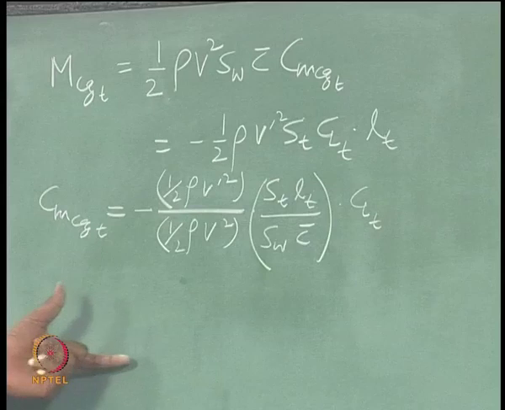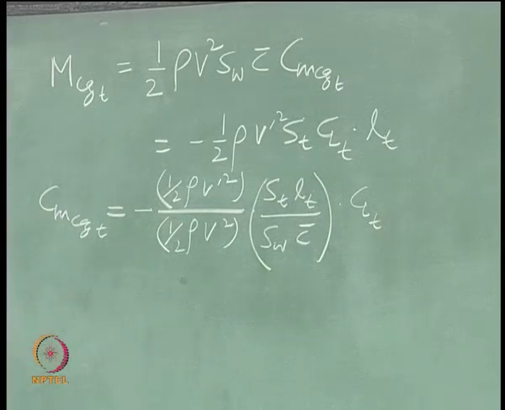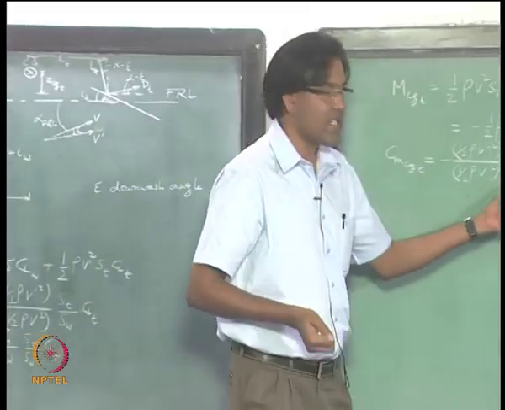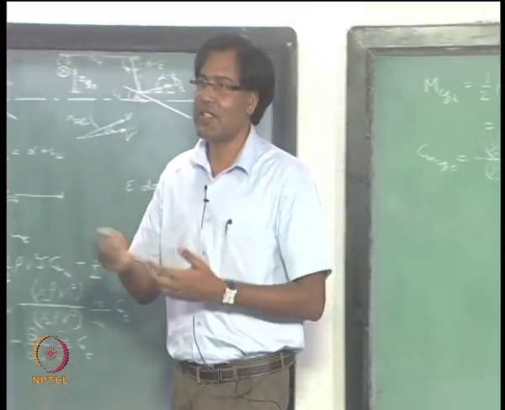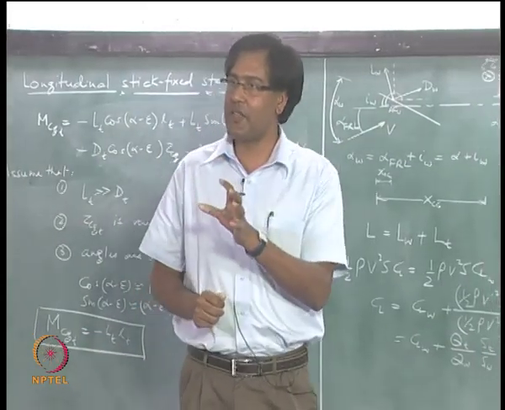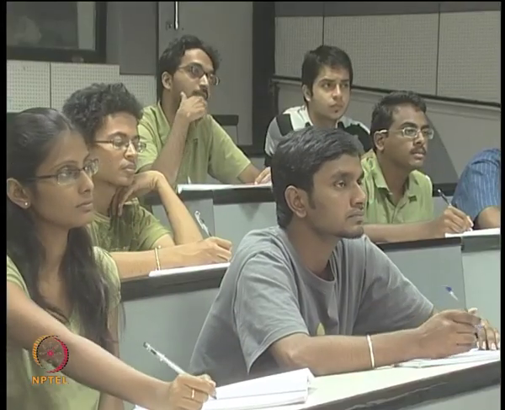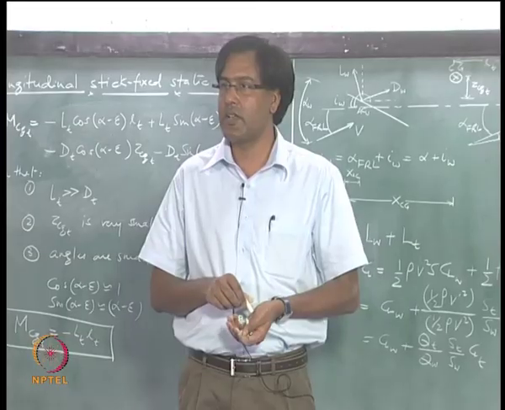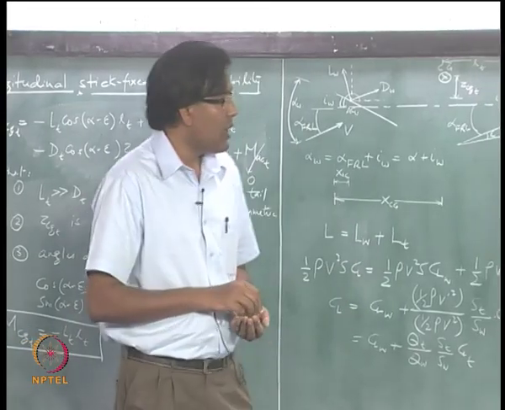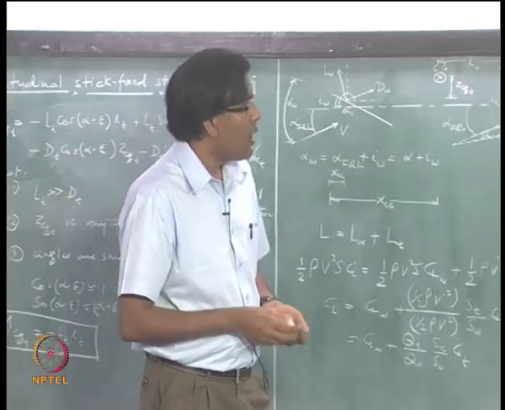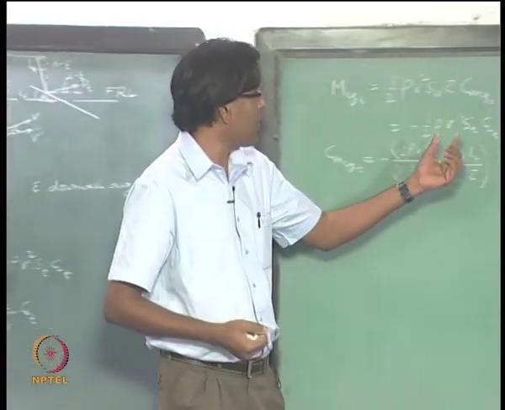Is this all right? Why are we using two different reference areas? Like for the moment we are using S_W, for the lift we are using S_T, okay. S is the reference area which I am taking as the wing planform area. For the lift also you should use the same reference area? No. You are talking about this quantity?